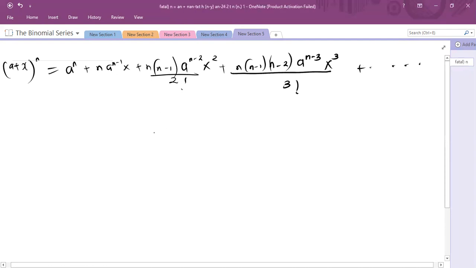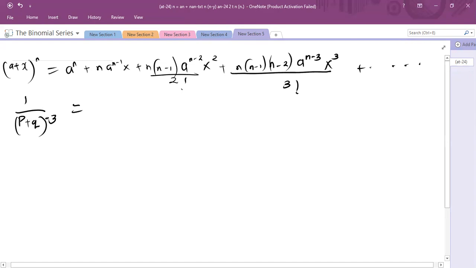So let's say you're given an expression like this: 1 over p plus q raised to the power of 3. And you're told to expand. Now, in order for this to correspond to our binomial theorem, we will bring it up onto the numerator.